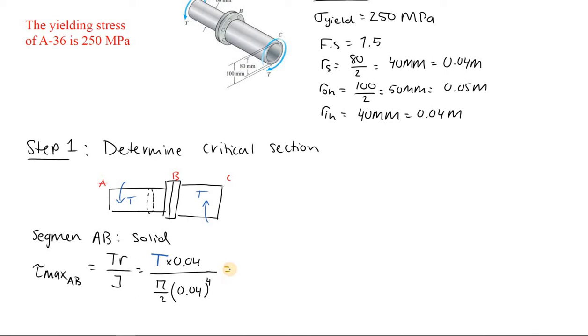If I put that in my calculator, I'll find that my stress will be 9,947.18 times the unknown torque. And because I'm doing it in terms of my unknown torque, this is only in pascals. Note how I used meters rather than millimeters. We want to recall that this is in pascals so we don't get confused later on.